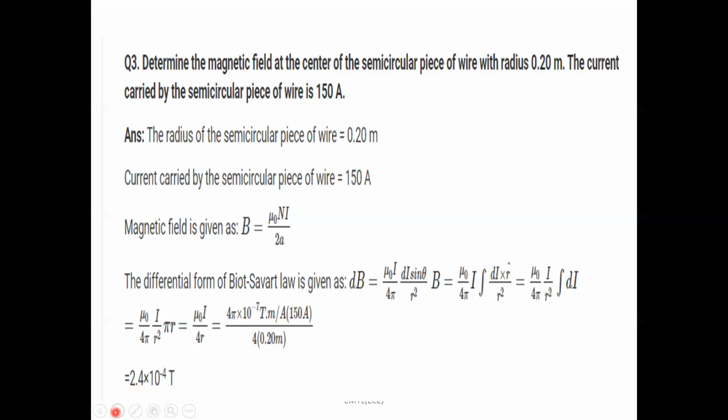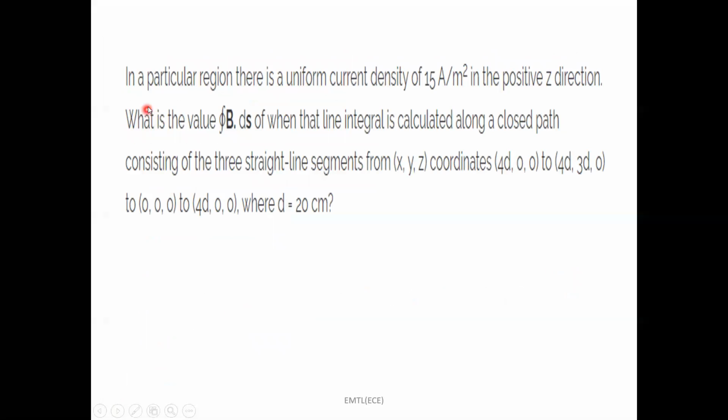Now next problem. In a particular region, there is a uniform current density of 15 ampere per meter square in the positive z direction. What is the value of the line integral of H dot dl when calculated along a closed path consisting of three straight line segments in x, y, z coordinates?